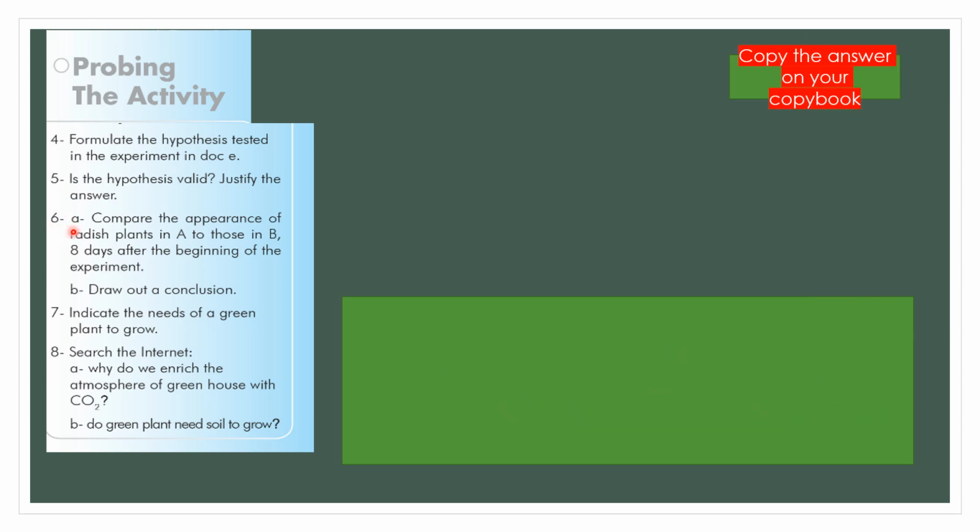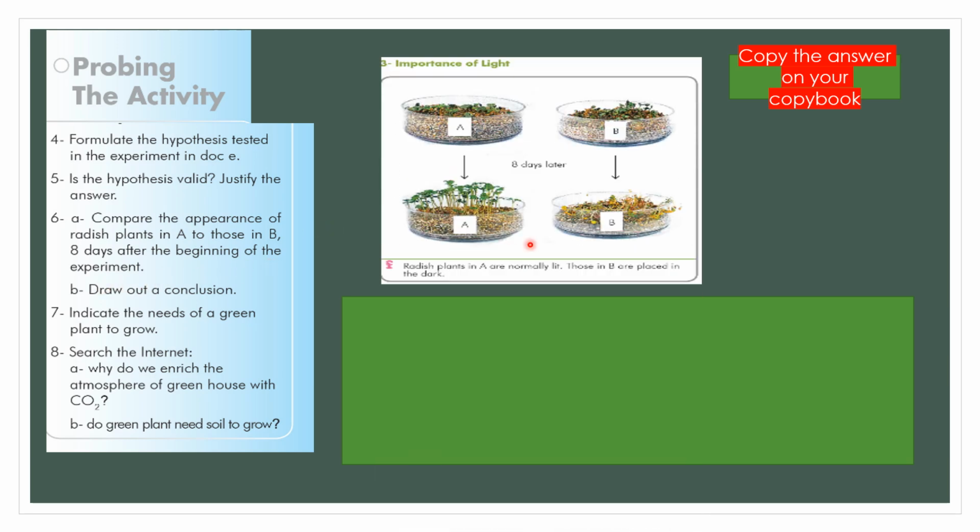Number 6, part A. Compare the appearance of radish plants in A to those in B 8 days after the beginning of the experiment. This is document F. Here we have radish plants A and B. 8 days later, plants of container A are developed and they are green in color, while in B, they are not developed and they become yellow in color.